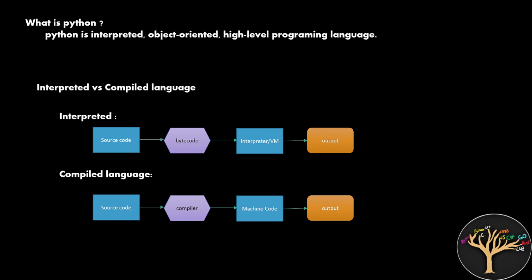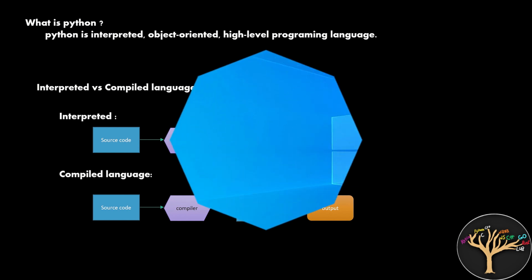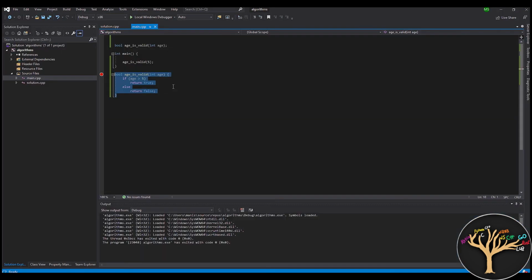how a C++ machine code looks as compared to a Python bytecode. Here I have made a very simple program in C++, a function called age is valid. It takes in an integer called age, and if the age is greater than 5, it returns a true value, and if the age is less than 5, it returns a false value.